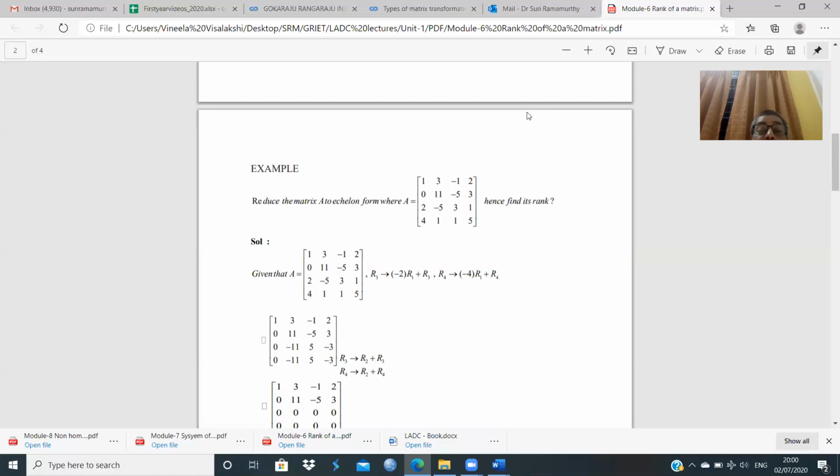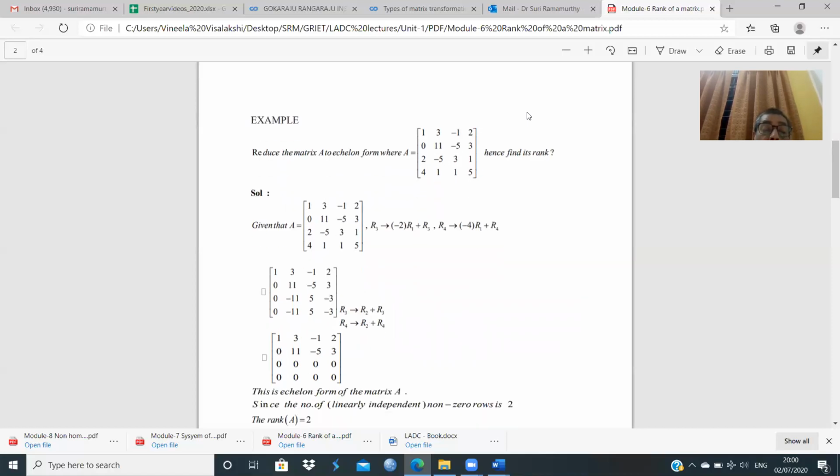So in this matrix, which is of order 4 by 4, the rank cannot exceed 4. So what we do is systematically apply row transformations by selecting the A11 element, which is 1, and producing zeros below that, and then move on to the next diagonal element, and then make the elements below that 0, and so on and so forth. Students are familiar with these operations.